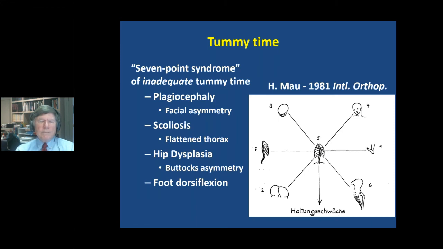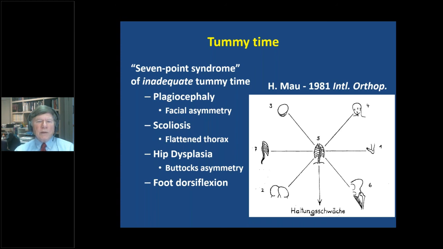Now, tummy time is definitely important. There's a lot of information about back to sleep, tummy to play, but tummy to play isn't as promoted as much as it should be. A German physician, Mau, in 1981 wrote about the 7-point syndrome due to inadequate tummy time.